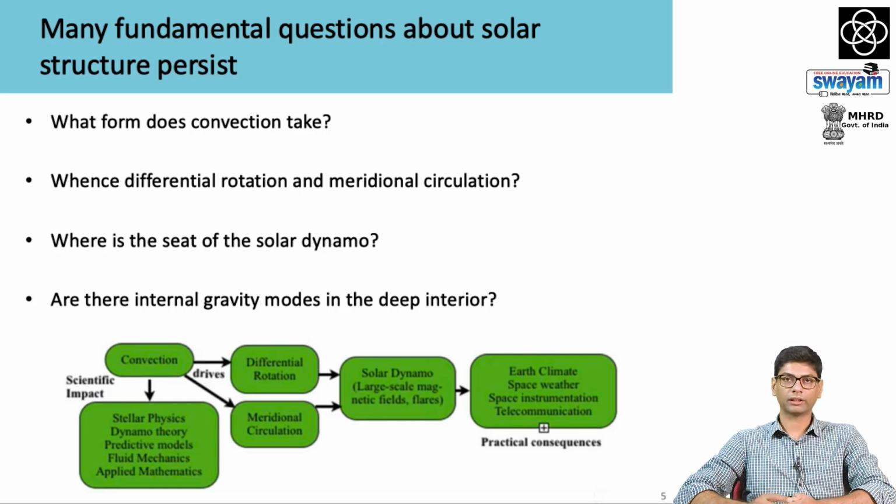This is a slightly more technical question that I will come to towards the end of this talk, and it gives us insight into what's happening in the core and the deep interior of the sun, which are generally inaccessible by almost any other means. So this little plot at the end, this little cartoon, tells you how convection, which as I said is the transport of heat by fluid motions, drives so many important physics and has many practical and scientific consequences. And I'll describe some of these as the talk proceeds.